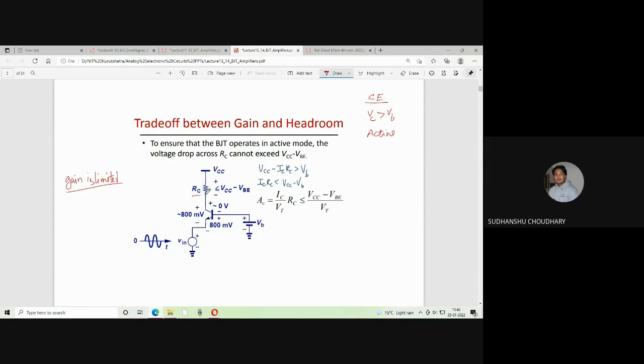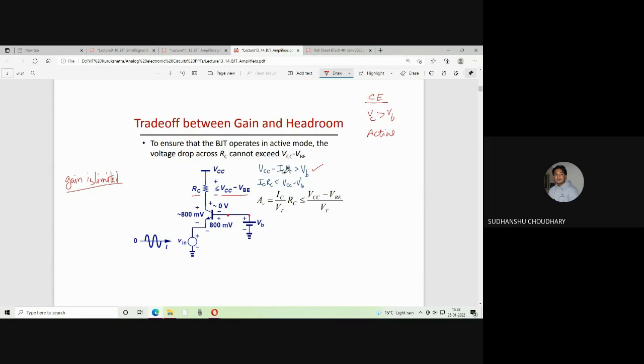Now the drop across this resistor RC should be less than or equal to VCC minus VB. And if I try to write VB, that is at this point, one can write a relationship for VB, that is VB should be less than VCC minus ICRC.